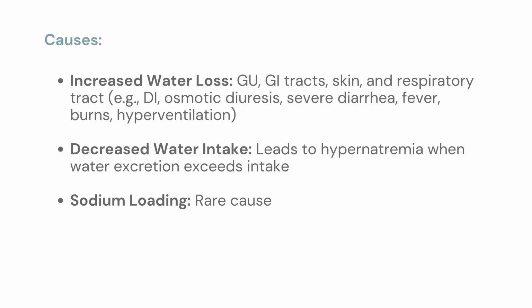Decreased water intake secondary to altered ventilation, or if the patient is on ventilation and dependent on us medical professionals to get the water, can also lead to hypernatremia. Sodium loading is a rare cause of hypernatremia, and it is mostly seen in iatrogenic conditions or Conn syndrome. Most of the time it is associated with hypervolemia as well.